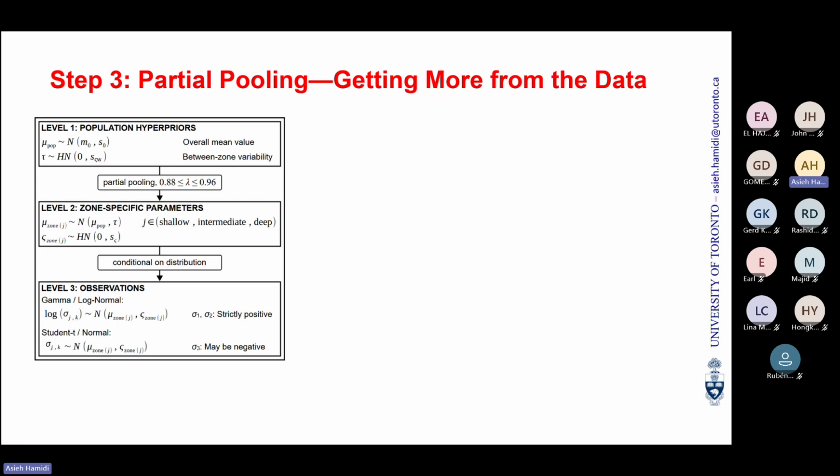Then at level 2 of our hierarchical partial pooling framework, we build up the hyperprior for zone specific, which uses the global mean from the first level, and then we use those rules from the global mean from level 1 using a partial pooling factor to make estimates from our observations. So we estimate each observation within these rules.